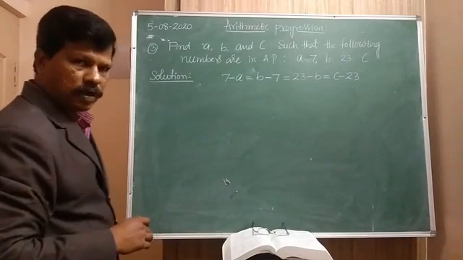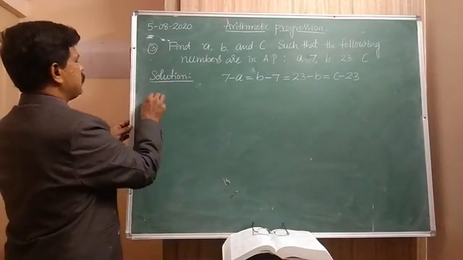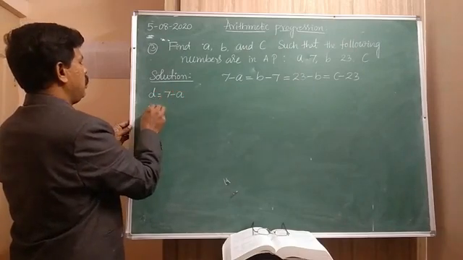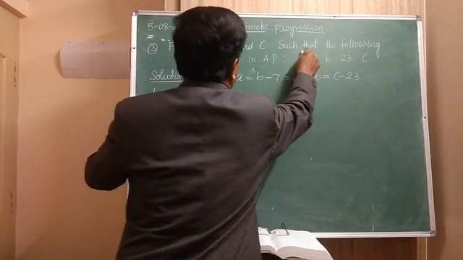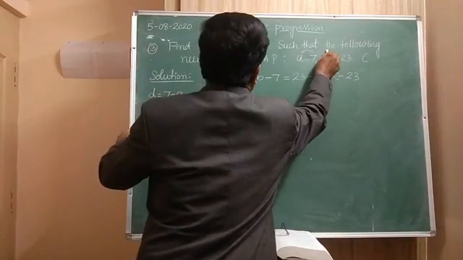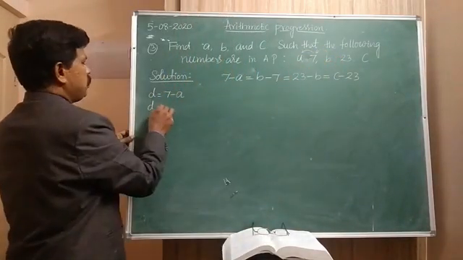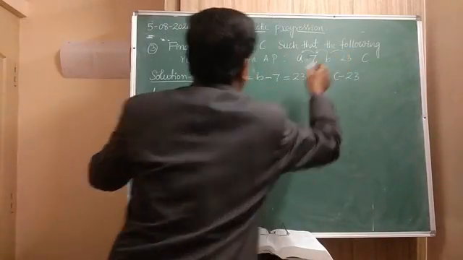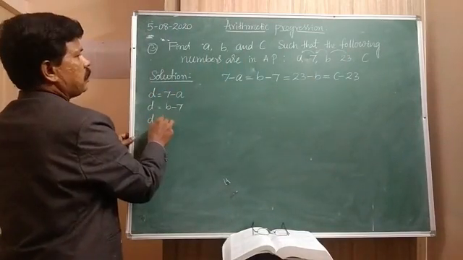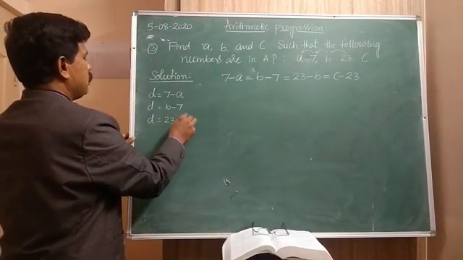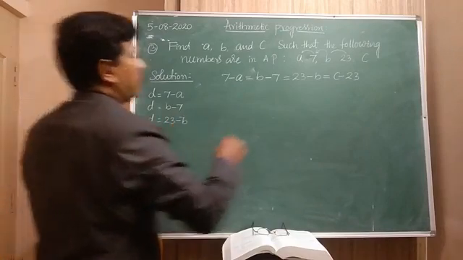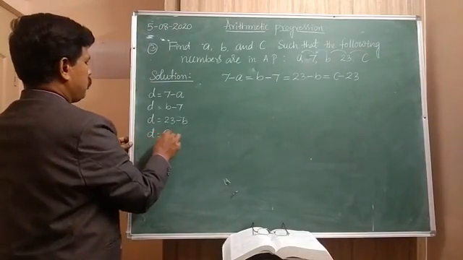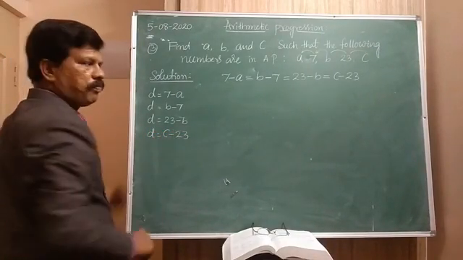I have written directly. If you want, you can take it like this. D is equal to 7 minus A, the difference of these two. Next, D is equal to B minus 7. Next, D is equal to 23 minus B. Next, D is equal to C minus 23.